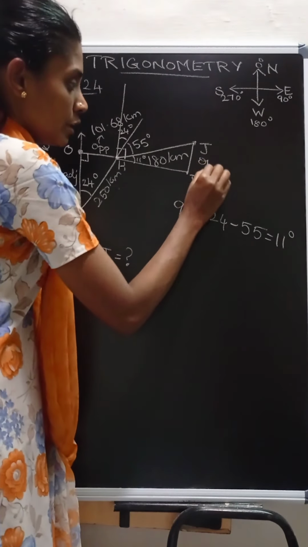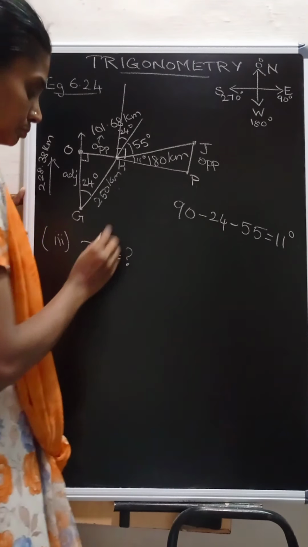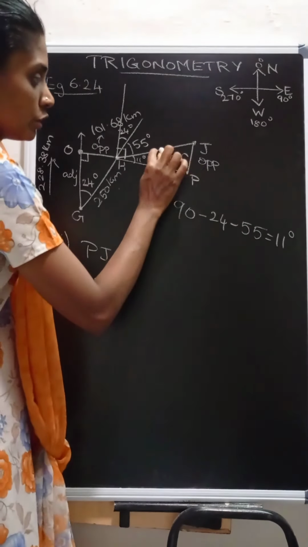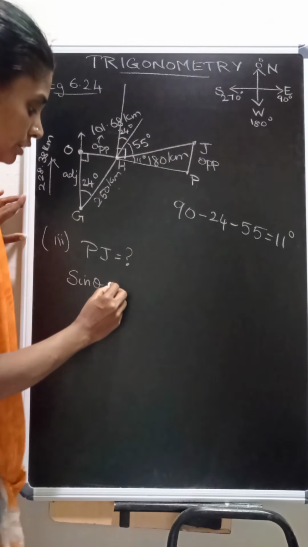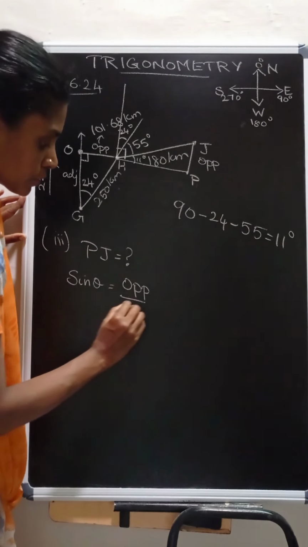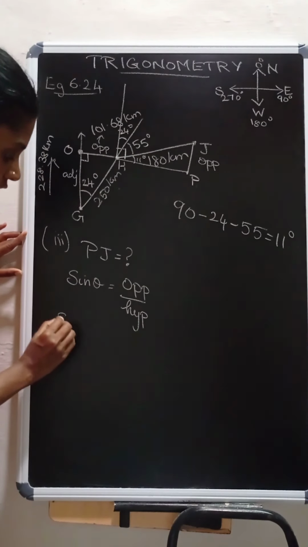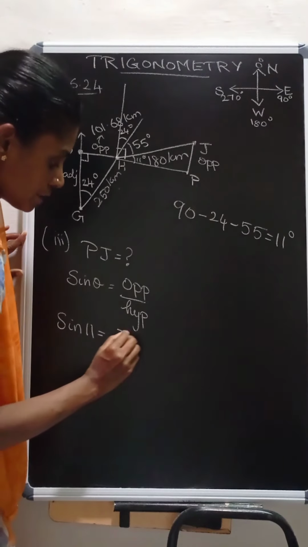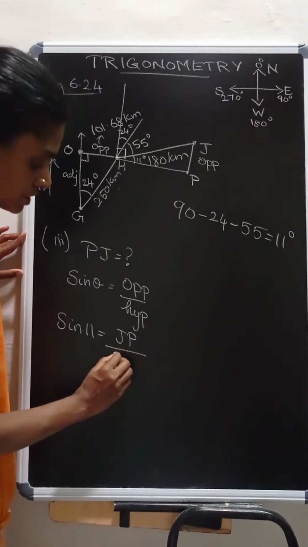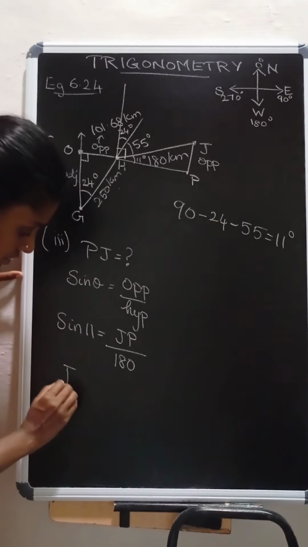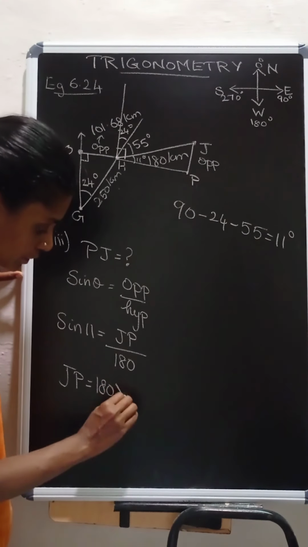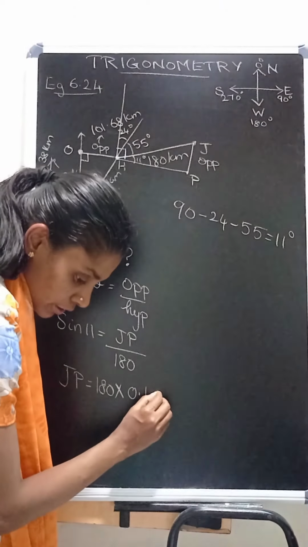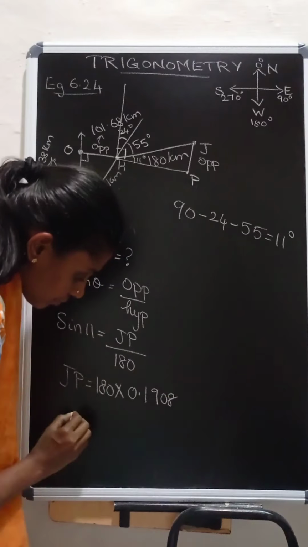Now you need to find the opposite value. So you will take sin theta, because you have 180 kilometers as the hypotenuse and you need the opposite. Opposite by hypotenuse. So sin 11 is equal to JP divided by 180. JP is equal to 180 into the sin 11 value they have given you in the question, 0.1908.